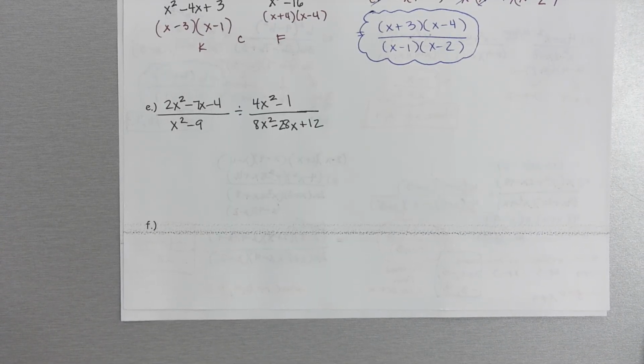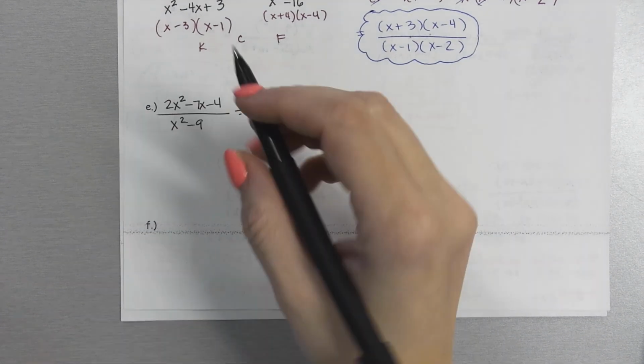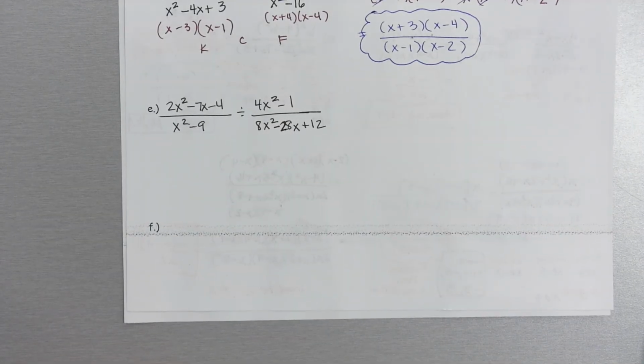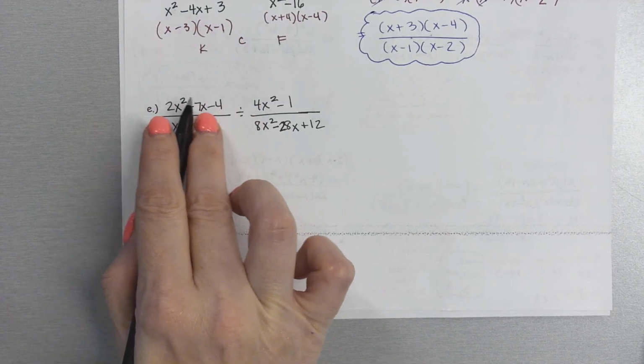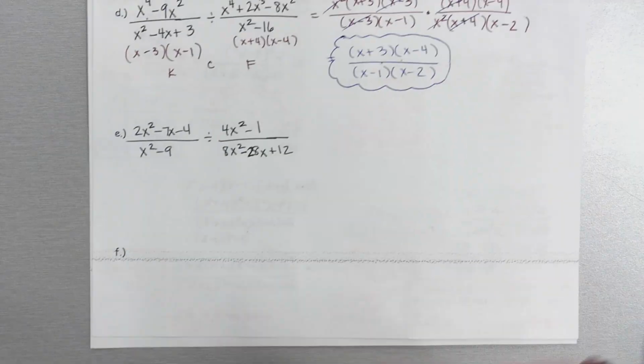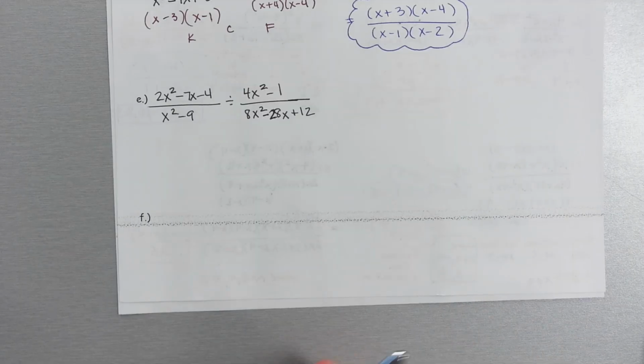Oh, it's 8x squared minus 28x. You can decide. So I would, you can factor it first and then do the keep, change, flip. You don't have to. I just feel like it's less writing for you.